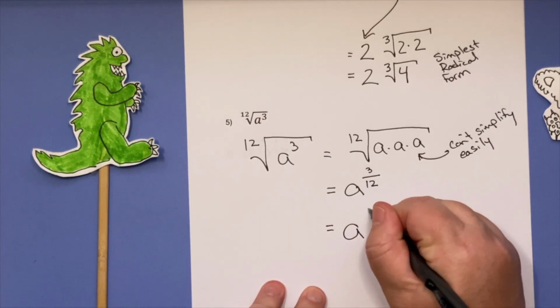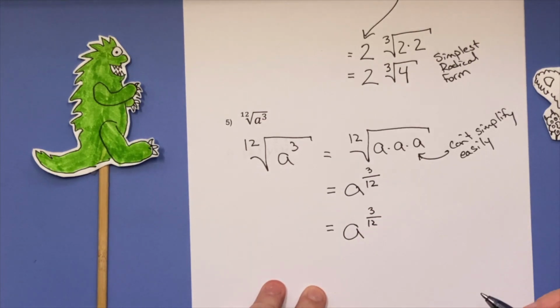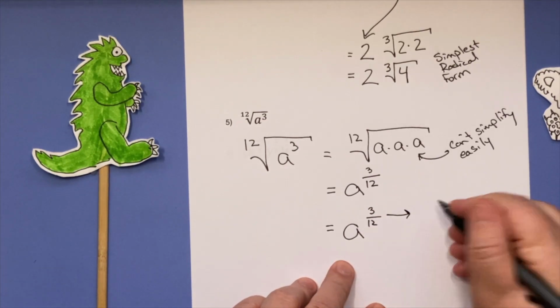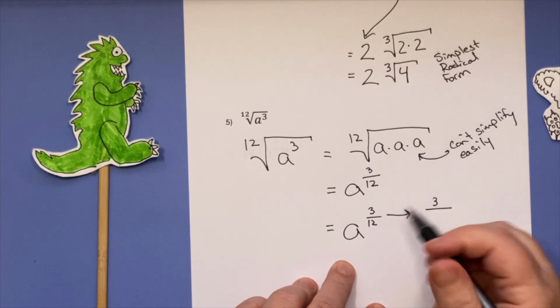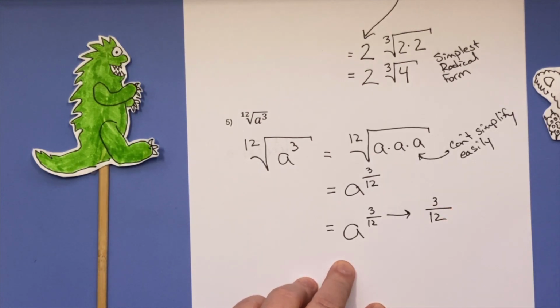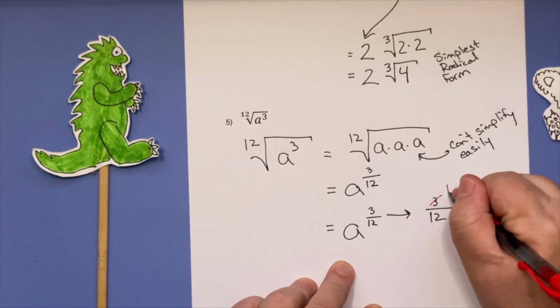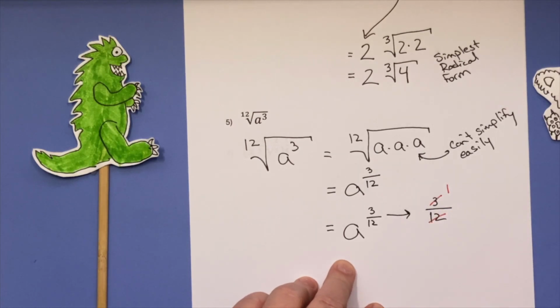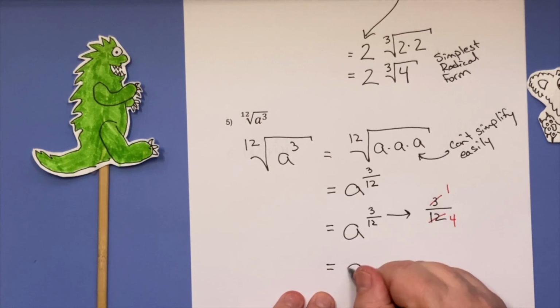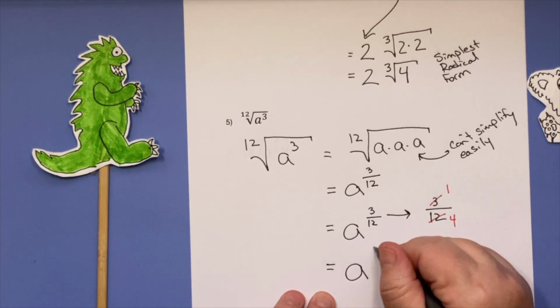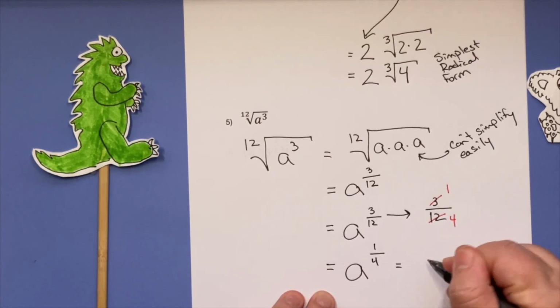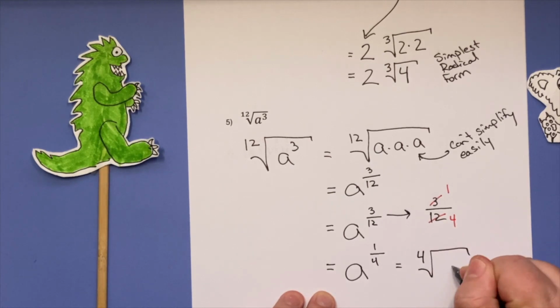So how do you deal with 3 over 12? Well, the number 3 over 12, I can reduce that. 3 goes into 3 once, and it goes into 12 4 times. So actually that's going to be a to the 1/4, which is the 4th root of a.